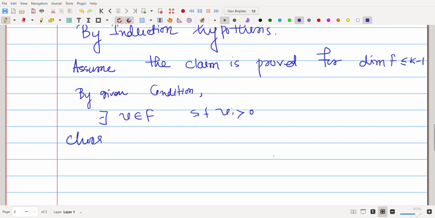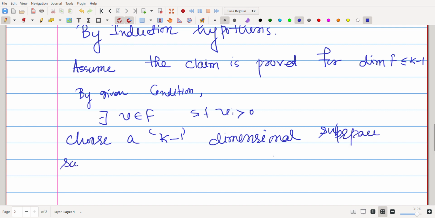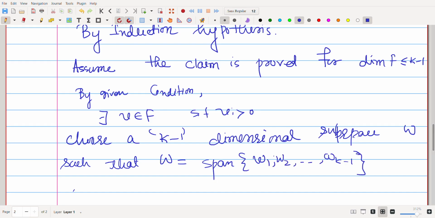Now choose a k minus 1 dimensional subspace W such that W is the span of w1, w2, up to w(k minus 1), with w1 equal to this v.